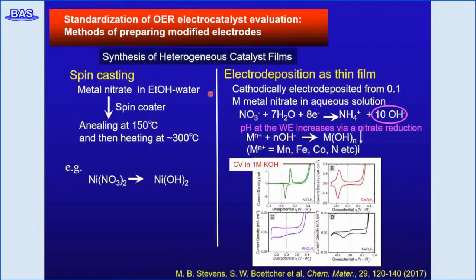The addition of ethanol lowers the surface tension onto the electrode, which improves adhesion of the metal salt to the surface. The temperature is then heated to 150 degrees and then increased to 300 degrees to further decompose the nitrate ions.